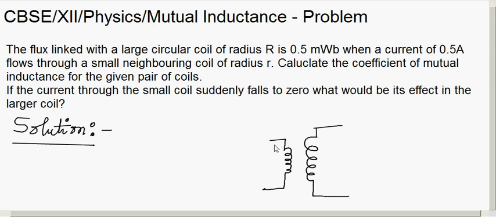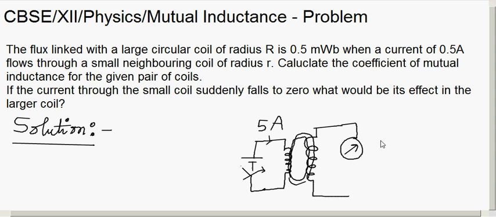When a current flows through the neighboring coil, there is a switch and a current through this. This produces a flux, and that flux links the second coil also. Let me say the second coil is connected to a galvanometer. The flux is 0.5 milliweber.